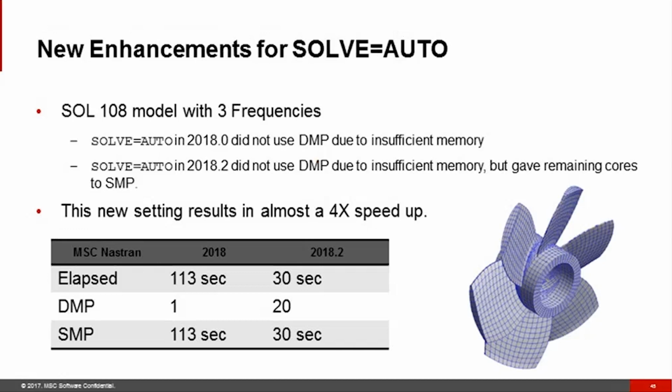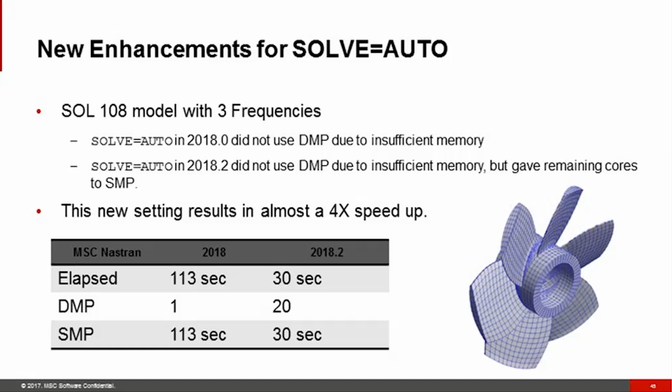Another example that you can see here is a solution 108 model with 3 frequencies. In 2018, solve equal auto did not use DMP because it did not have sufficient memory. In 2018.2, it did not use DMP as well. However, it gave the remaining cores to SMP.